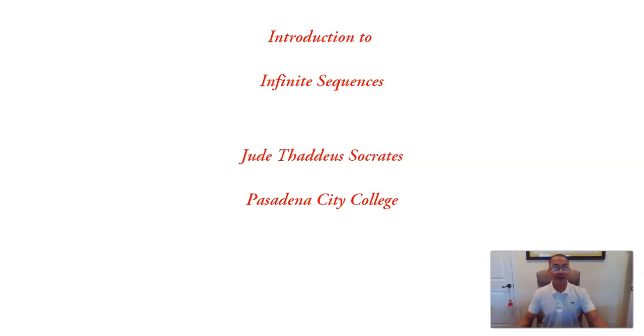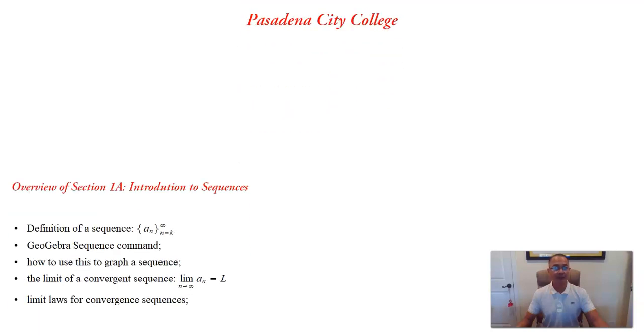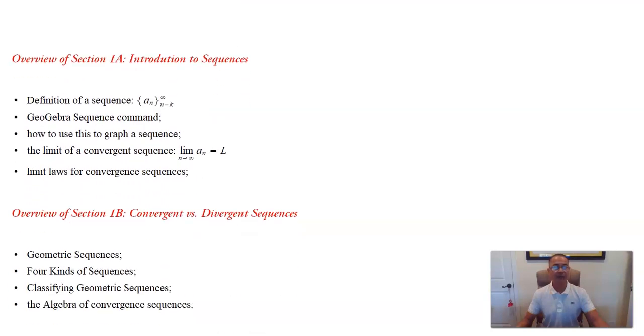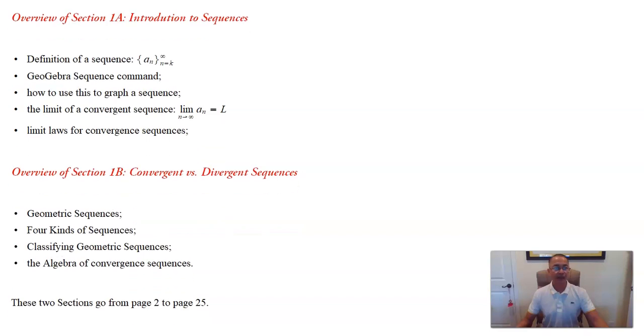So I'm about to show you the book, but to prepare ourselves for what we're going to do today, let me tell you what we are going to cover. We will cover the first two sections of part one. I have decided to label my sections alphabetically instead of numerically.